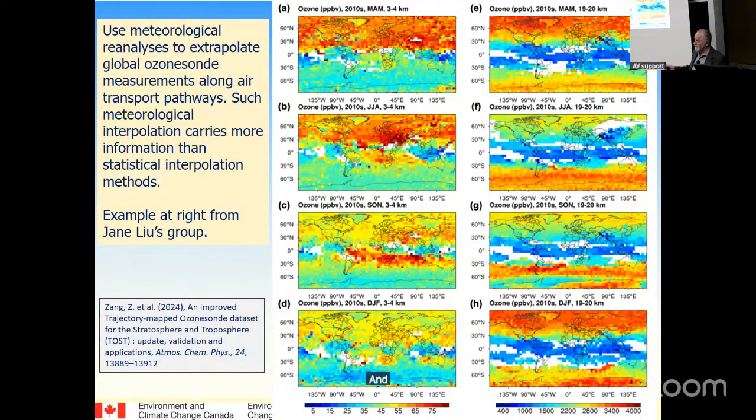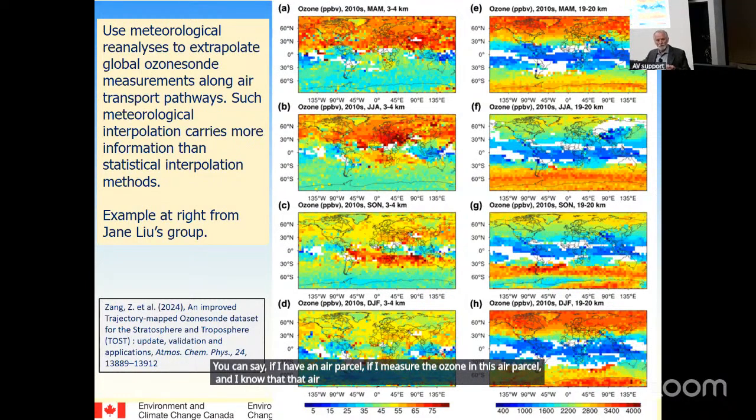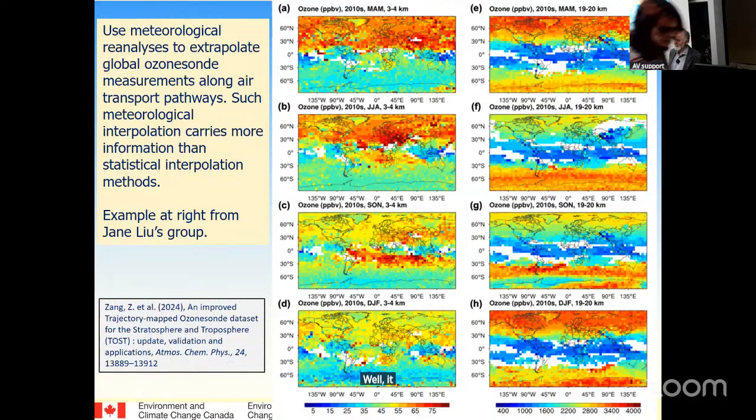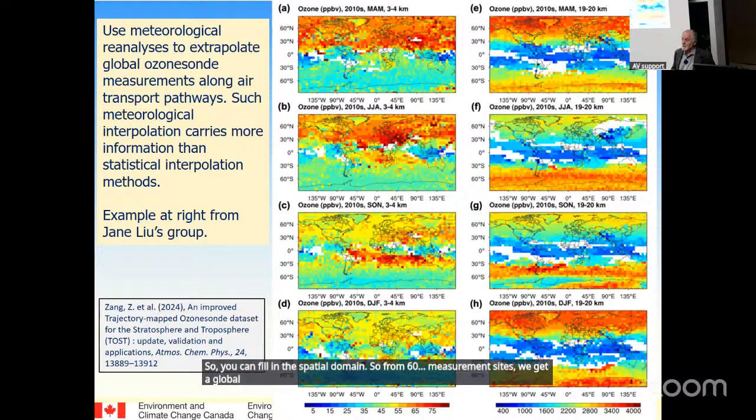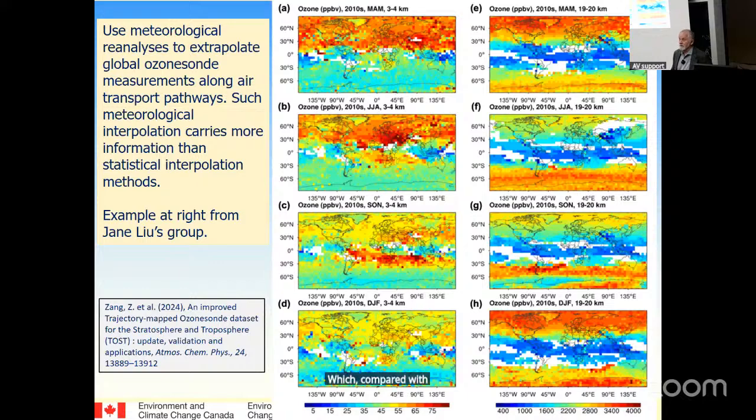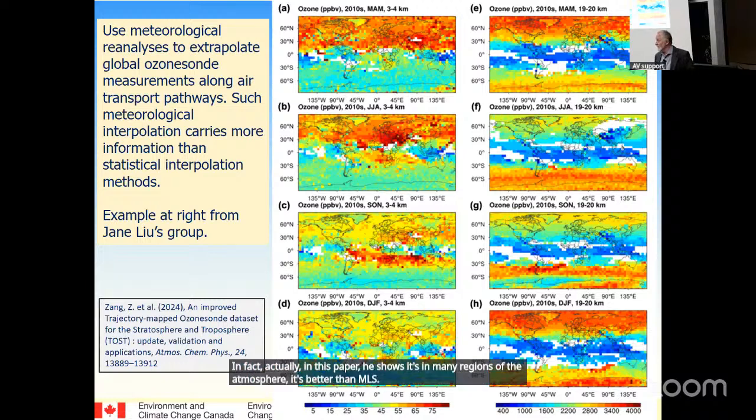With back trajectories and forward trajectories, because ozone is relatively long-lived, you can say, if I measure the ozone in this air parcel, and I know that that air parcel is over Winnipeg tomorrow, well, it's probably got the same amount of ozone in it. So you can fill in the spatial domain. So from 60 measurement sites, we get global maps, which compared with other methods turn out to be extremely accurate. In this paper, he shows that in many regions of the atmosphere, it's better than MLS, which is the gold standard for satellite instruments.